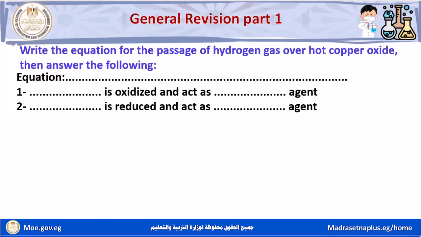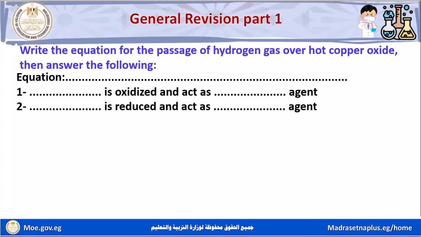Write the equation for the passage of hydrogen gas over hot copper oxide, then answer the following.